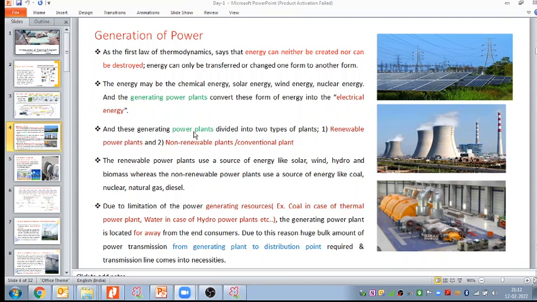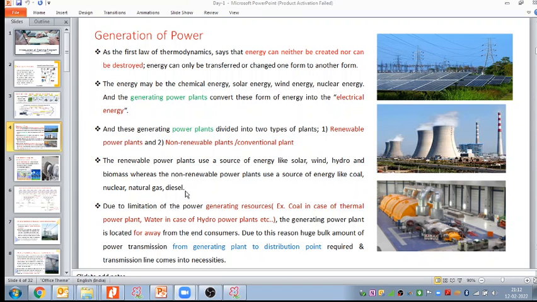These generating power plants we can further divide into two types: the renewable power plant and the non-renewable, or conventional, plant. The renewable power plant uses sources of energy like solar, wind, hydro and biomass, whereas the non-renewable power plant uses sources of energy like coal, nuclear, natural gas, diesel.